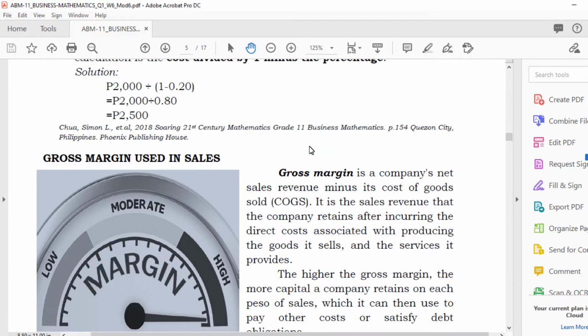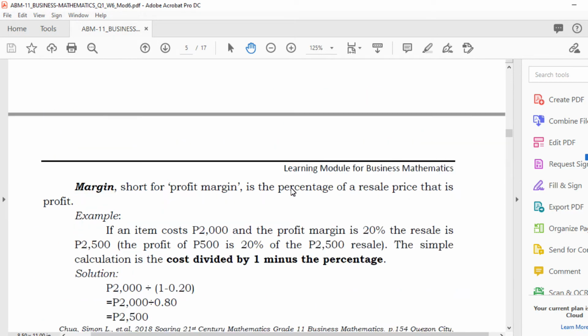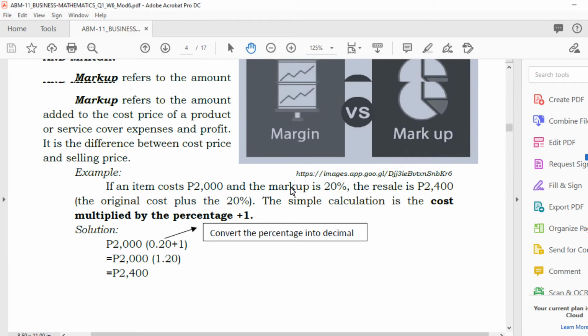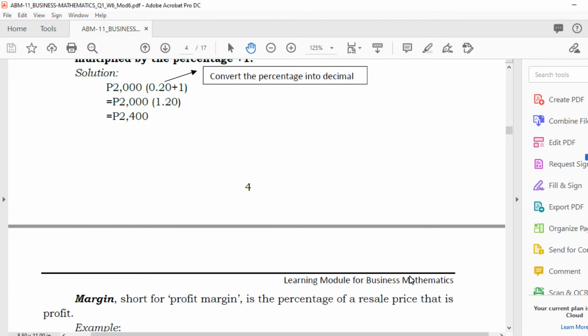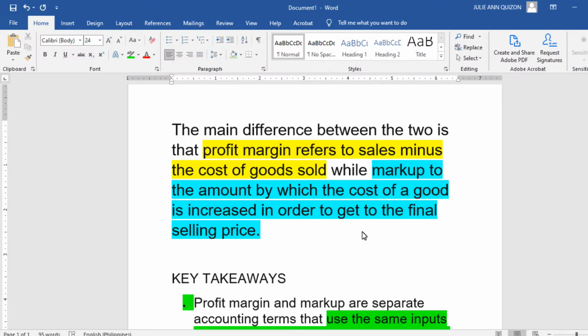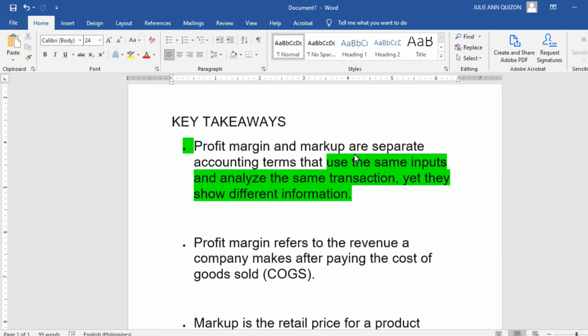So, ngayon, ang lahat kasi ng business, ang kino-compute natin dyan lagi is the gross margin. Okay. But we always take din naman the markup, but may difference accounting kasi yan use. So, sabi dito, profit margin and markup are separate accounting terms that use the same inputs and analyze the same transaction, yet they show different information.